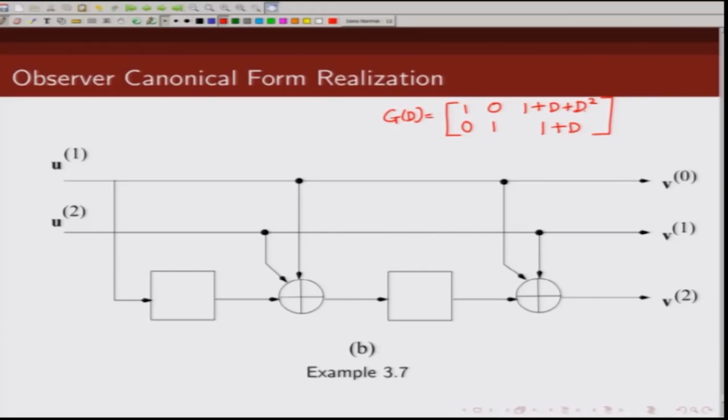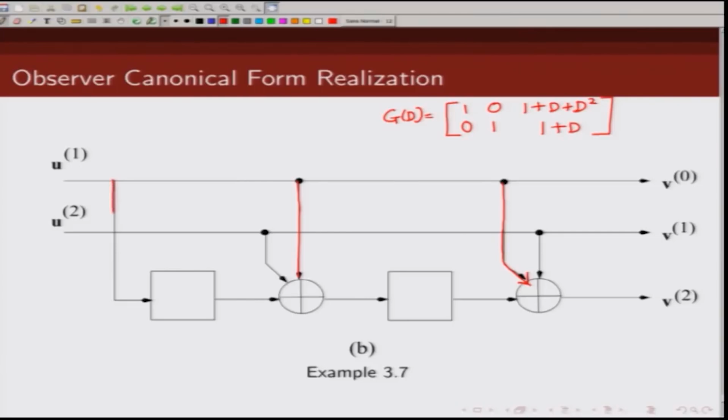So, what is the final output then? The first coded bit is just U1 of D. The second coded bit is U2 of D, and the third coded bit is 1 plus D square of U1 of D. So, what is U1 of D? U1 of D is this one. What is D times U1 of D? That is this term. And what is D square U1 of D?